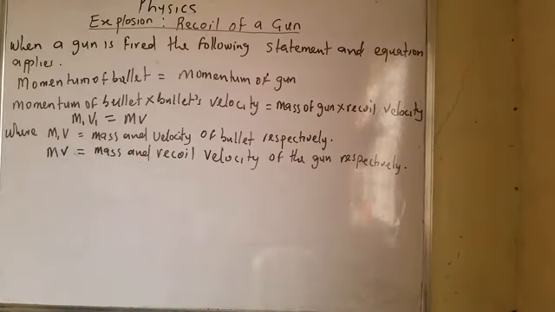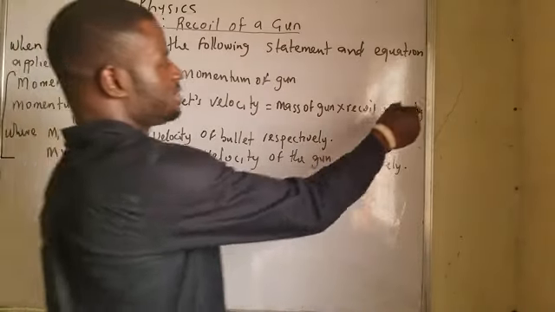Please take note: m1 and v1 are the mass and velocity of the bullet respectively, and M and V are the mass and recoil velocity of the gun respectively. This is very important to this video.